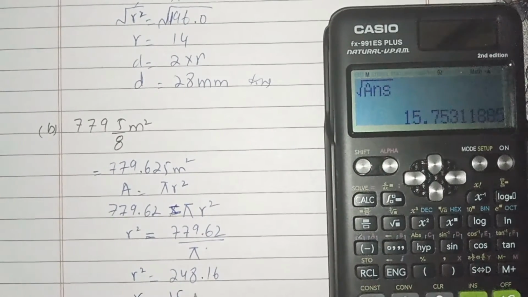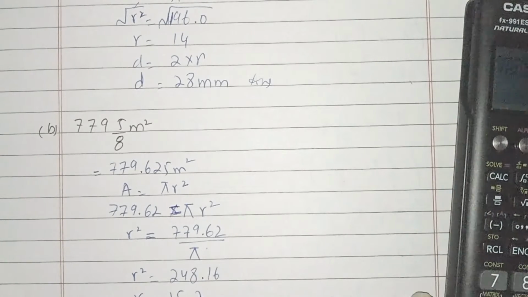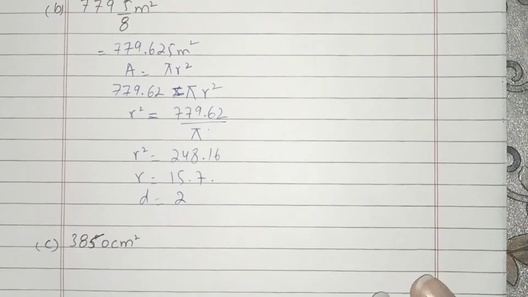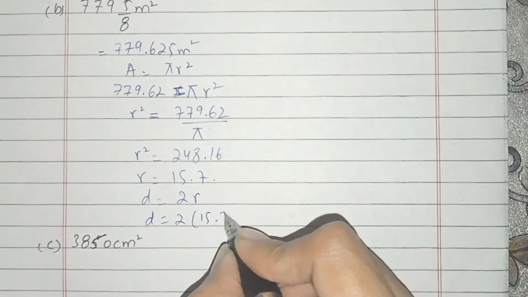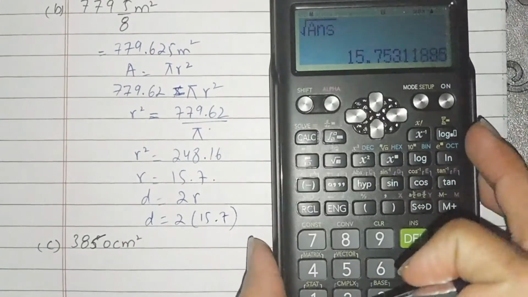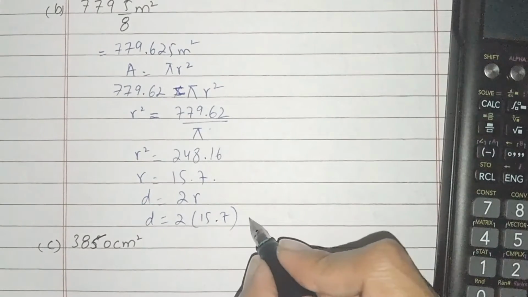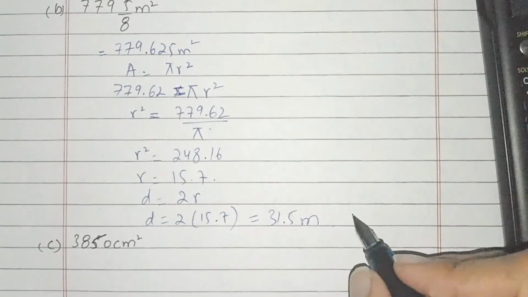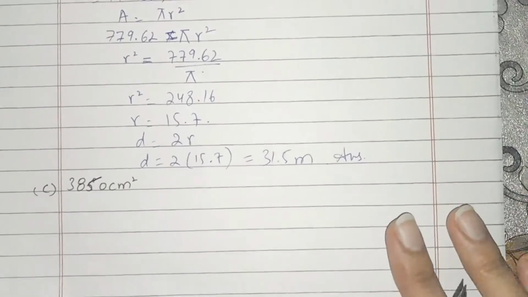R is equal to 15.7. To find the diameter we have to multiply it by 2 because diameter is equal to 2r. R is 15.7, and we get D is equal to 31.5, and the unit is meters, and this is the answer of part number B.